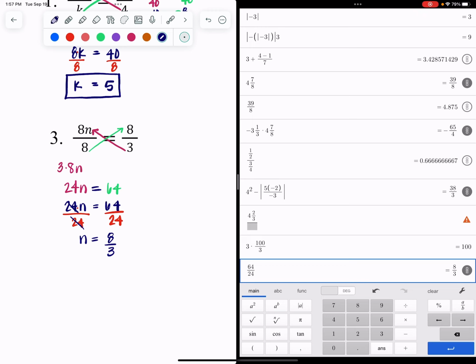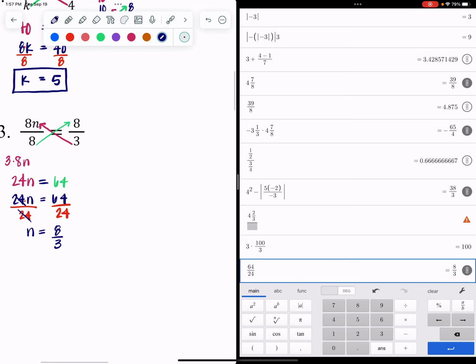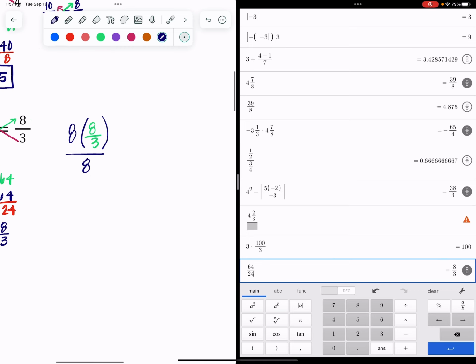I'm going to go check it just in case. So I have an 8, and then I'm going to plug in what I think my answer is. So 8 times n over 8. And I want to know if that is equal to 8 over 3.